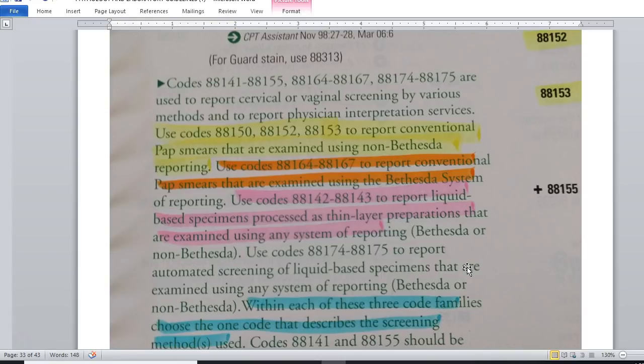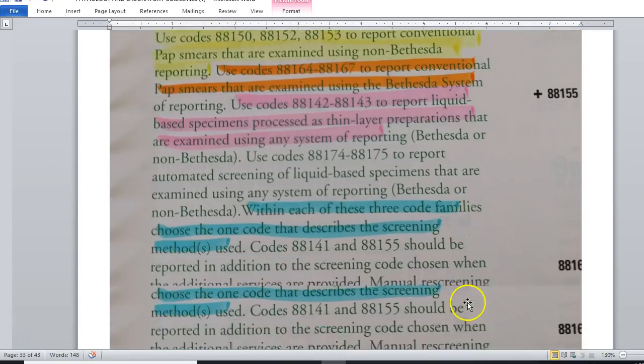So again, they have to tell us that. We use codes 88164 to 67 to report conventional pap smears that are examined using the Bethesda system of reporting. We use codes 88142 to 43 to report liquid-based specimen processing as thin layer preparations that are examined using any system of reporting. Okay.